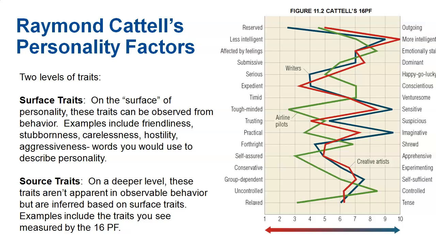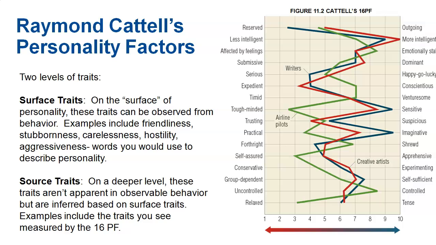If you were stubborn, if you were careless, aggressive, funny, things that people could see. Your source traits, though, was kind of that deeper level, the underlying stuff that then made those surface traits. A person could be a kind person, but what's going on underneath the surface that causes them to be a kind person would then be those source traits.